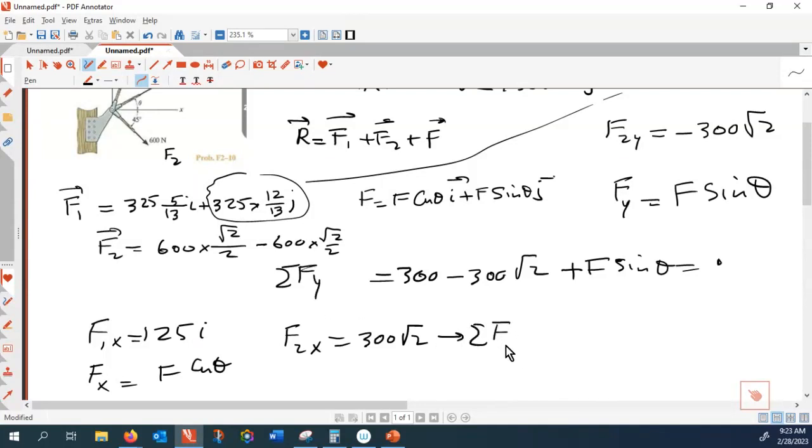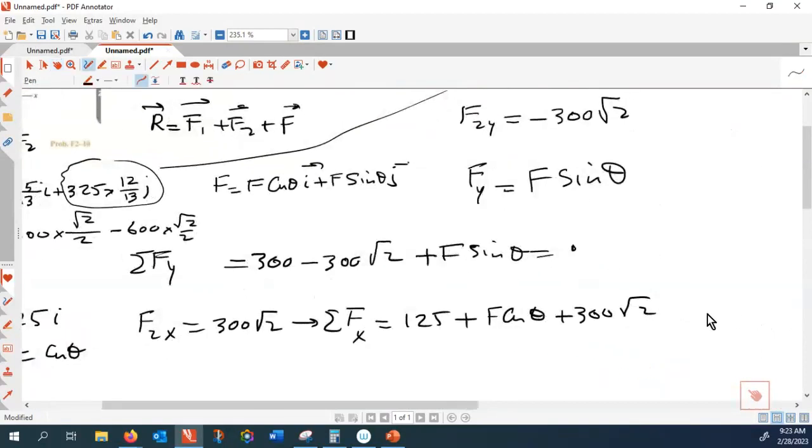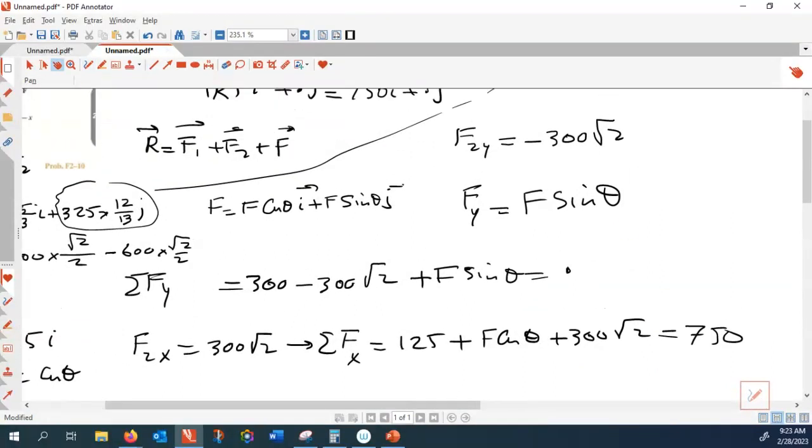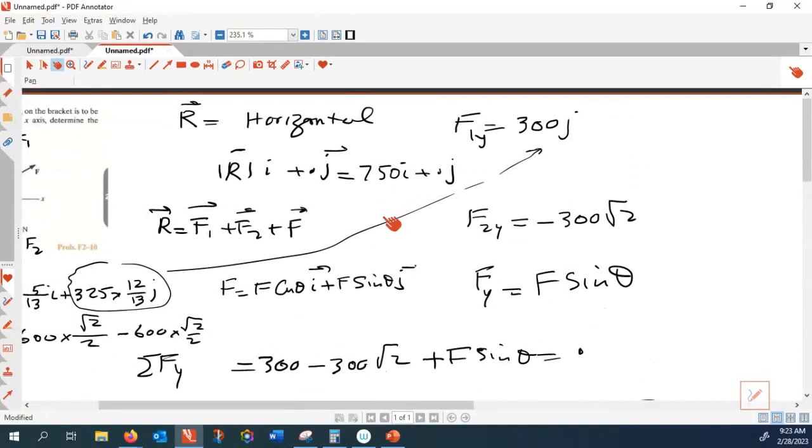Therefore, sigma fx, that is 125 plus f cos theta plus 300 root 2. All right? Which is equal to 750, isn't it? Remember, that is 750 here.